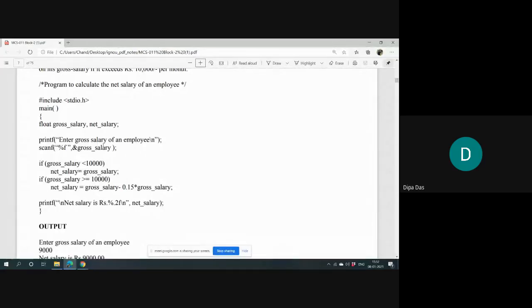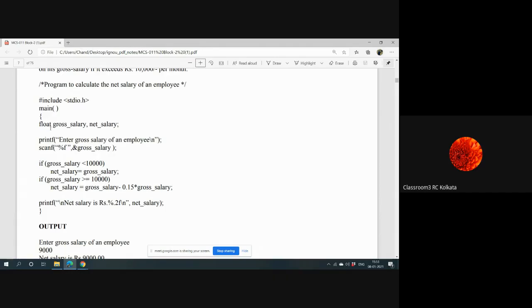Ma'am, the memory location of gross salary and what we enter, are both the same? The ampersand in scanf is for addressing purposes, and we also declare gross salary as a variable?